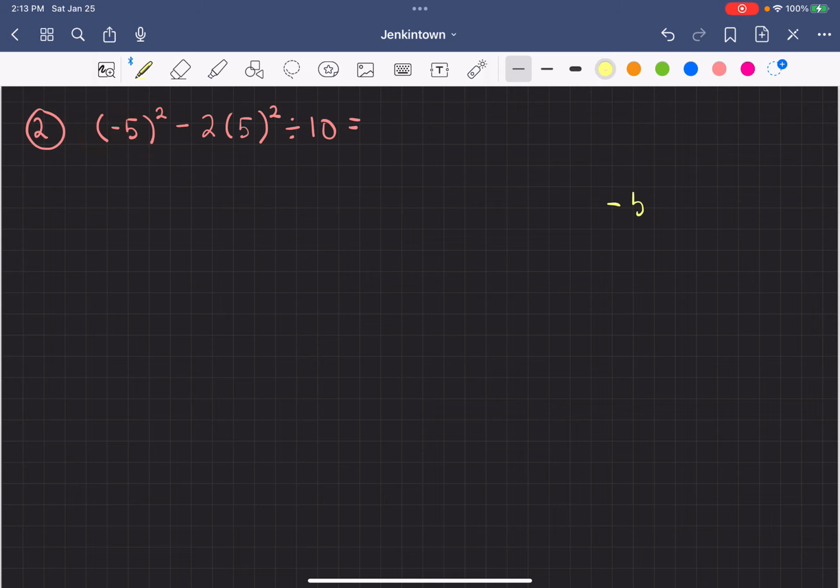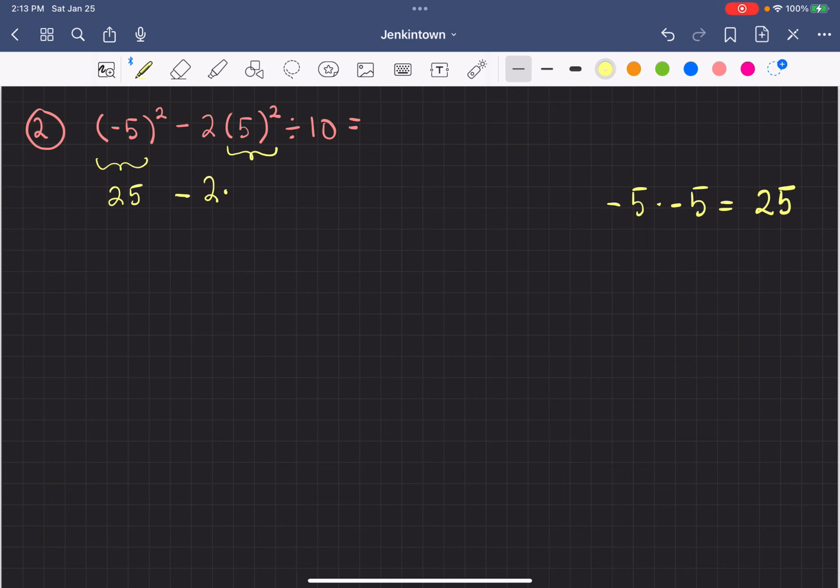So this is negative 5 times negative 5. Negative times a negative is a positive, and 5 times 5 is 25. So this is 25. Minus 2 times, and now I'm going to solve this exponent.